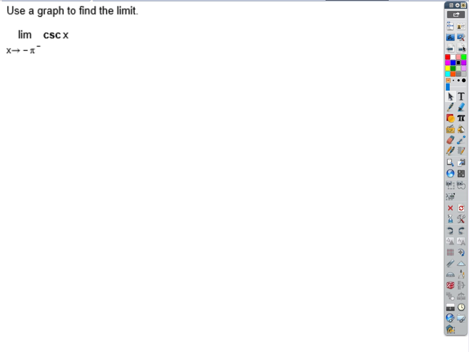Okay, how about this? If you get this one, you have to think about what a cosecant function looks like, and you might have to just create it for yourself. I always do. So cosecant is what? 1 over sine. So this is like saying the limit of 1 over sine x as x approaches pi from the left. We don't even really have to use the graph here, do we?